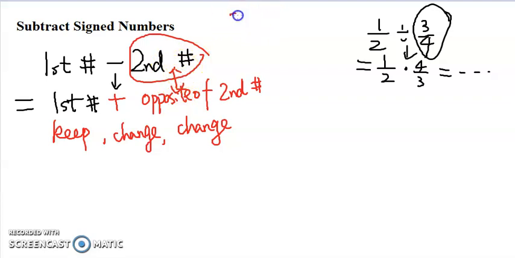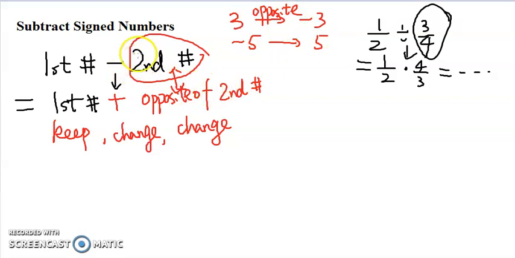For example, 3 is a positive number. The opposite would be negative, so you're going to get -3. But if you have, say, -5, the opposite will become +5. If the signs in front of them are different, we call them opposite numbers.